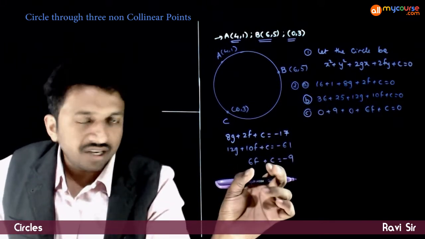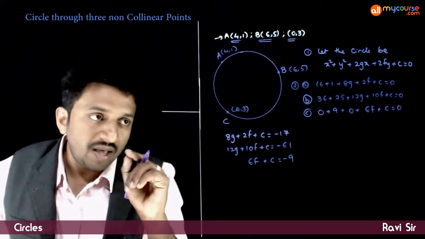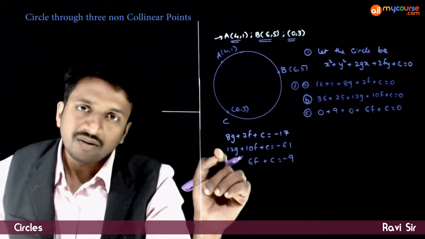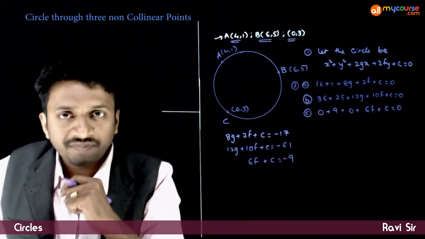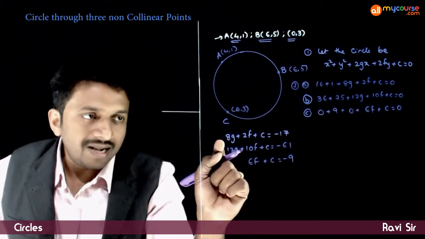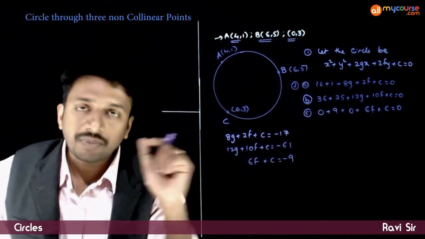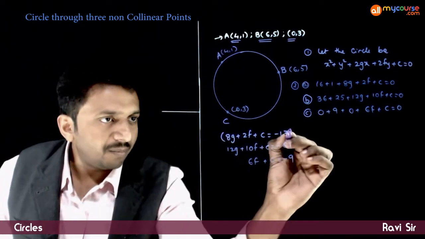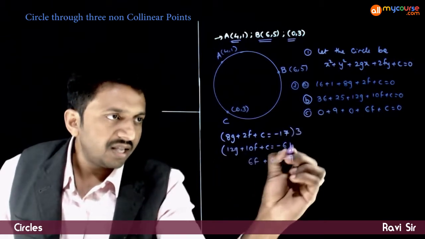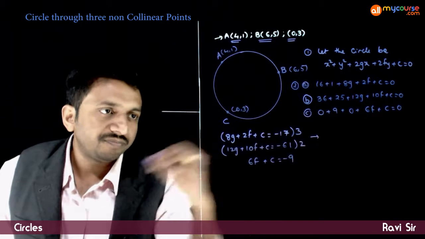So this is an equation in f and c. From the first 2 equations, let us try to eliminate the variable g. If you want to eliminate the unknown g, you need to multiply the first by 3 and the second by 2 and subtract one from the other.